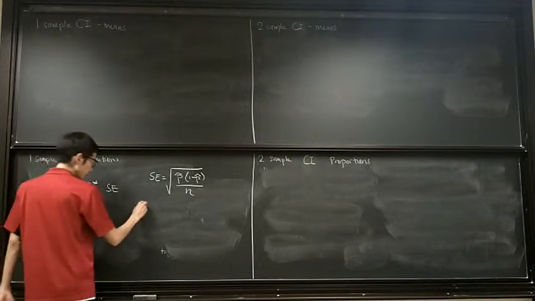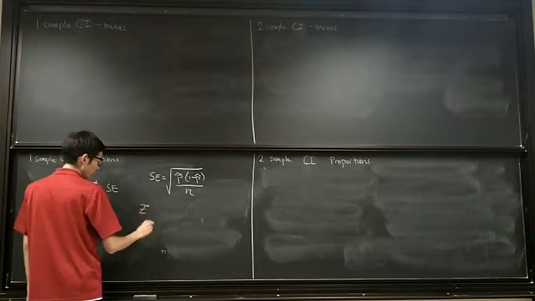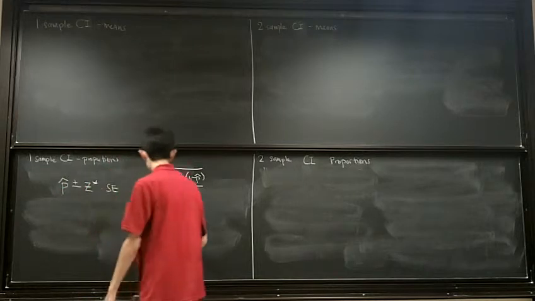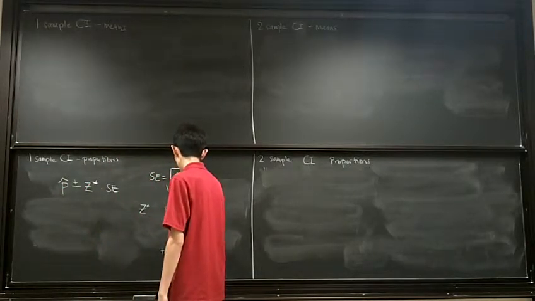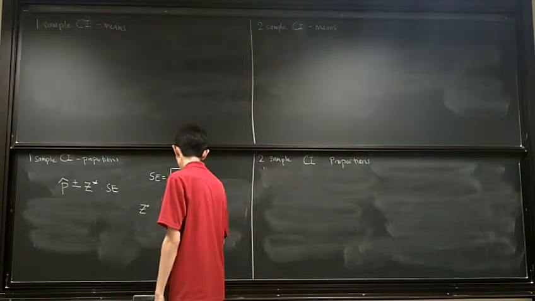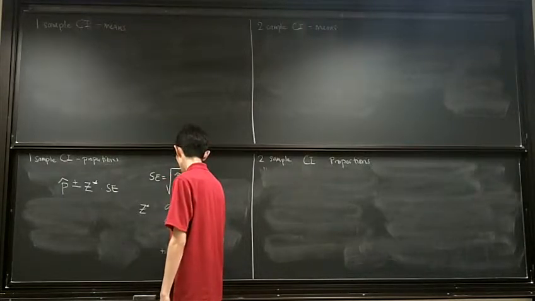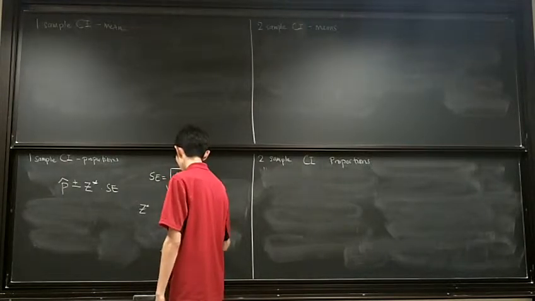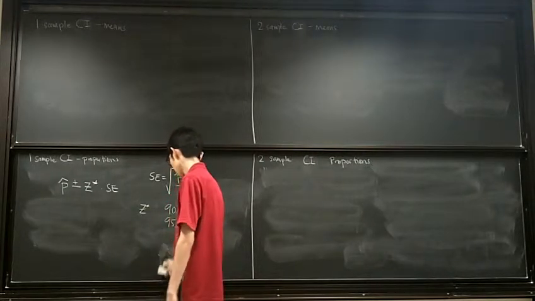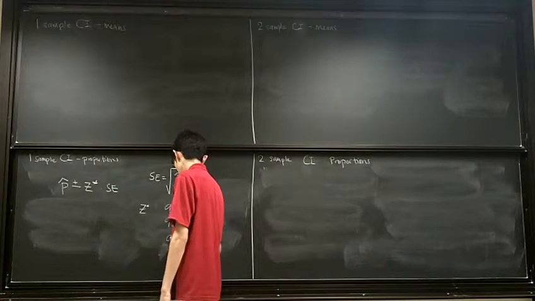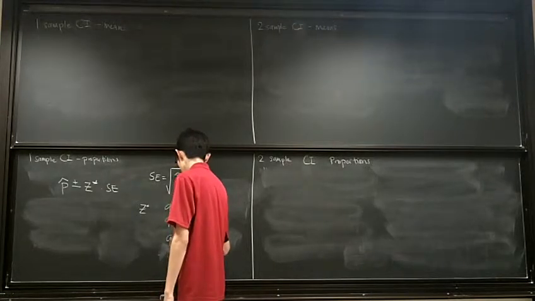Z star depends on our confidence level. For 90% we use 1.645. For 95%, 1.96. For 99%, 2.58.